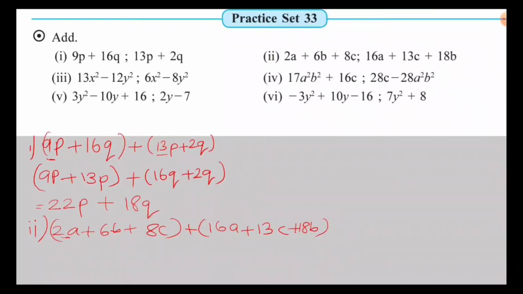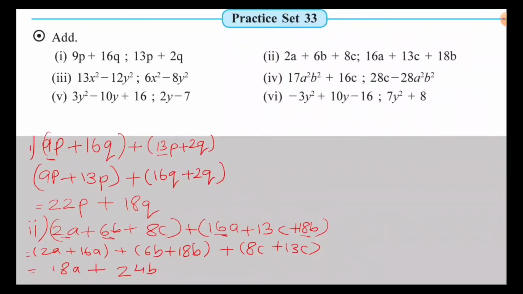Now 2a will be added with 16a. 6b will be added with 18b because they both are like terms, plus 8c will be added with 13c. 2 plus 16 will be 18a, plus 6b plus 18b will be 24b, plus 8 plus 13 will be 21c. That's it. We won't be adding further because nothing is a like term over here.